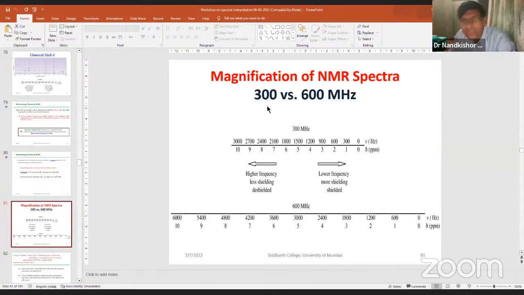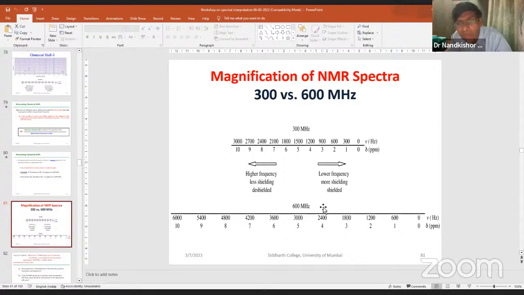Why do we need to change the instrumental frequency, from 300 maybe to 600 or 800 or 900? If you see these two scales, 300 is a bit compressed, whereas 600 is a little better separated, because there is more room for the peaks to appear nicely.